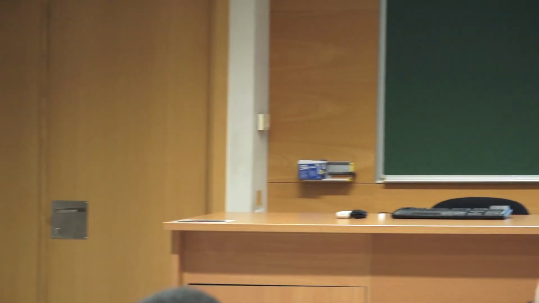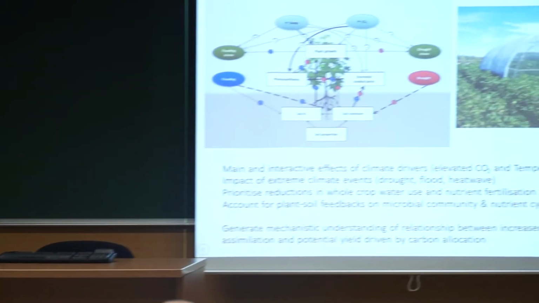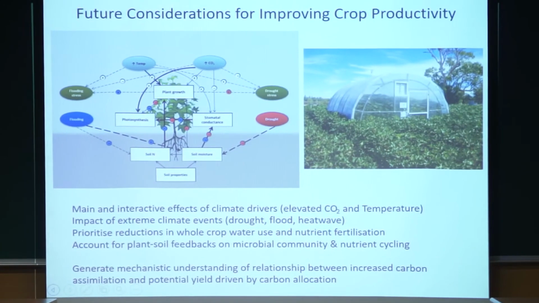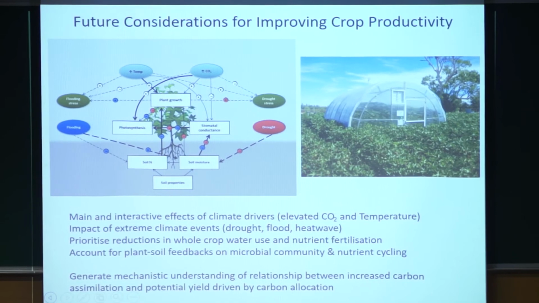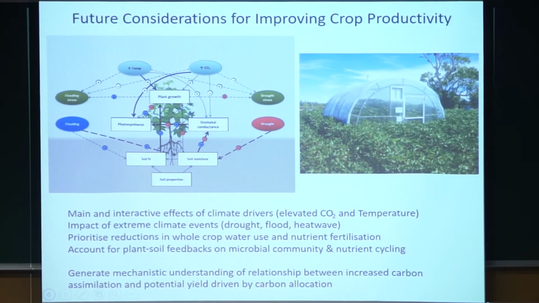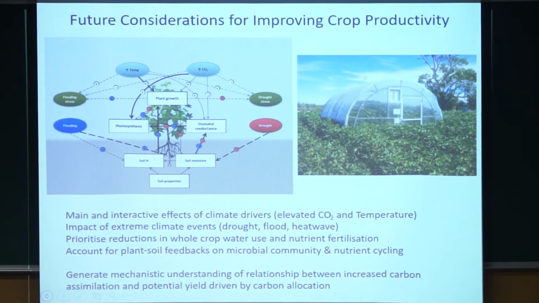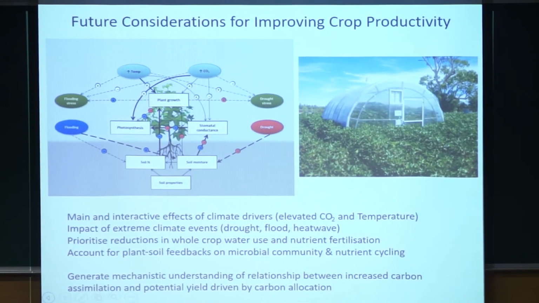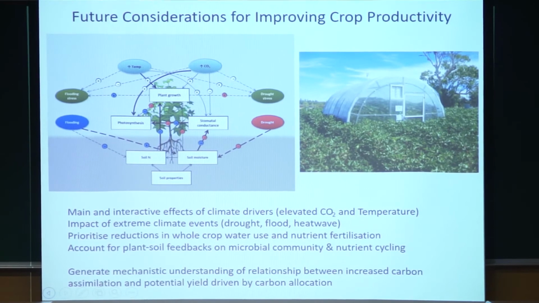Also, all the benefits that you may or may not accrue from warmer temperatures and higher CO2 may not be there if you have increasing droughts and floods and heat waves. That'll always detract from the obvious goal of increasing carbon production. We really do need to prioritize reductions in whole crop water use and nutrient fertilization, and we need to account for plant soil feedbacks on the microbial community and on nutrient cycling.